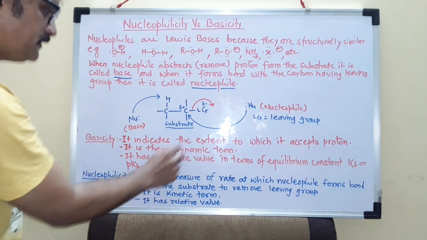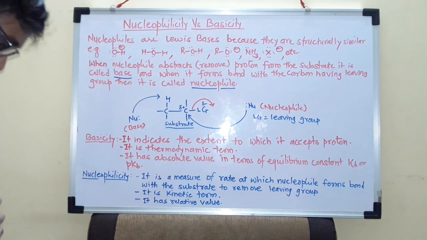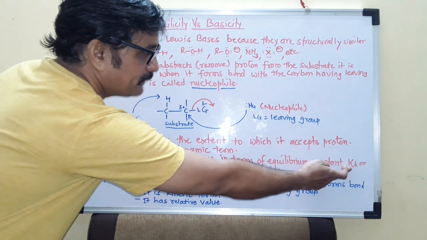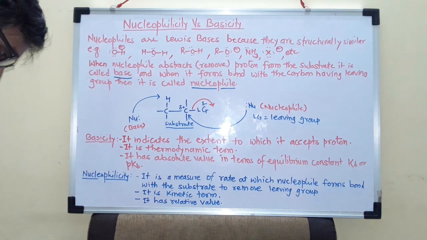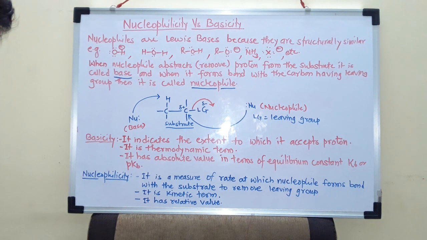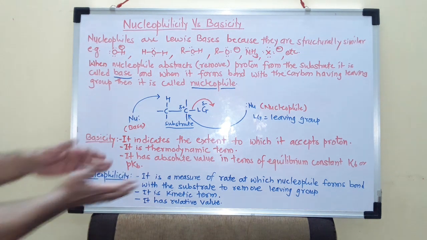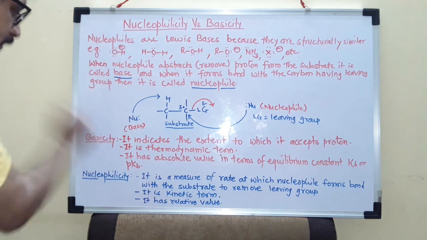So basicity is a thermodynamic term and it has an absolute value, measured in terms of Kb and pKb. You know that very well. There are certain bases having a fixed value, for example pyridine has a pKb value of 8.8. So this has an absolute value.